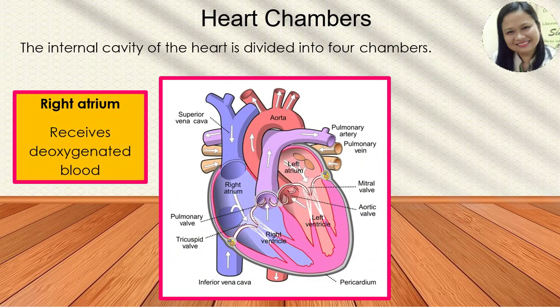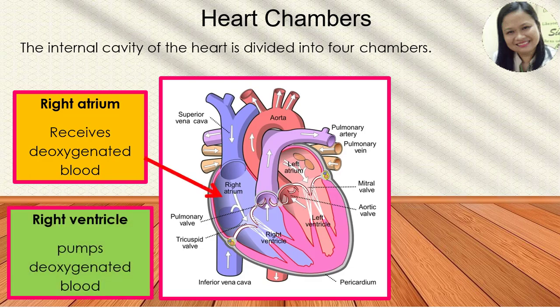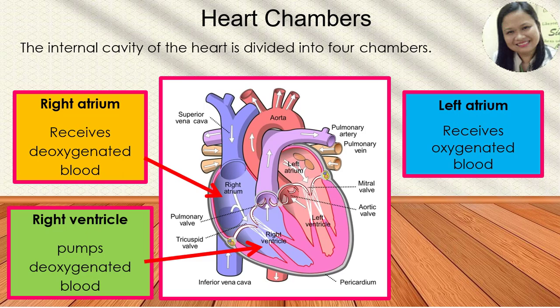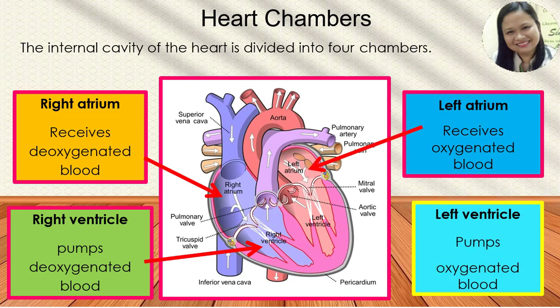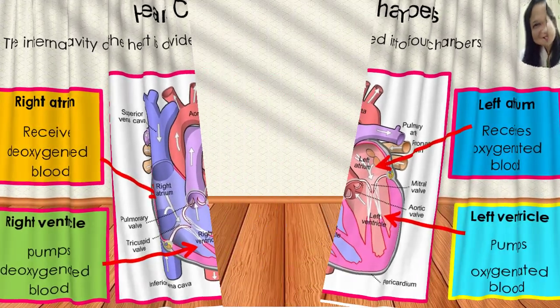The first chamber called as right atrium, which receives the deoxygenated blood. We have right ventricle, which pumps the deoxygenated blood. Left atrium receives oxygenated blood. Left ventricle, which pumps oxygenated blood.